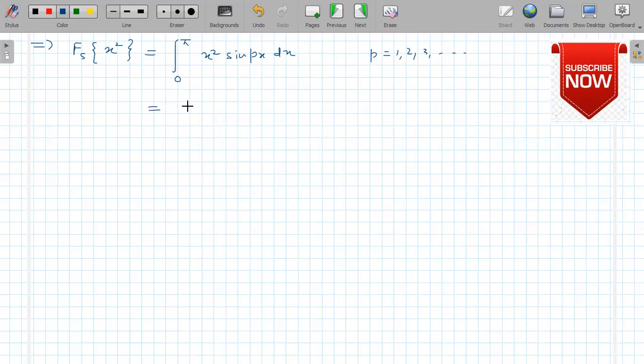So this is equal to first function into integration of second function minus differentiation of first function into integration of this function. I am doing the shortcut.